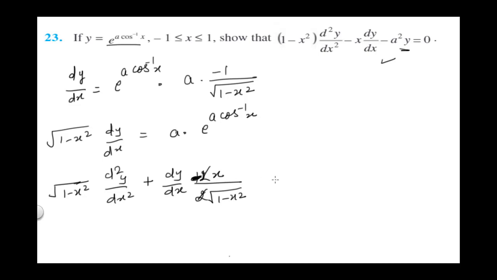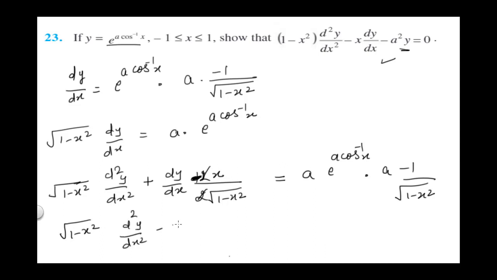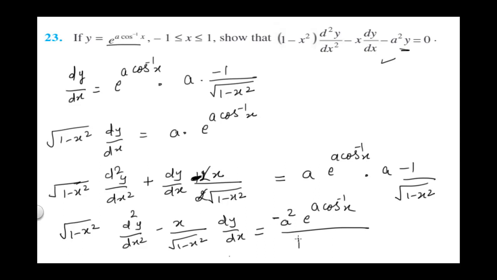We have minus here, equals a as it is, e to the power a cos inverse x, right, into a as it is, cos inverse x, it is minus 1 upon under root 1 minus x square. Now solving further, we have under root 1 minus x square into second order derivative minus x upon under root 1 minus x square dy by dx equals a square e to the power a cos inverse x, here we have minus under root 1 minus x square.